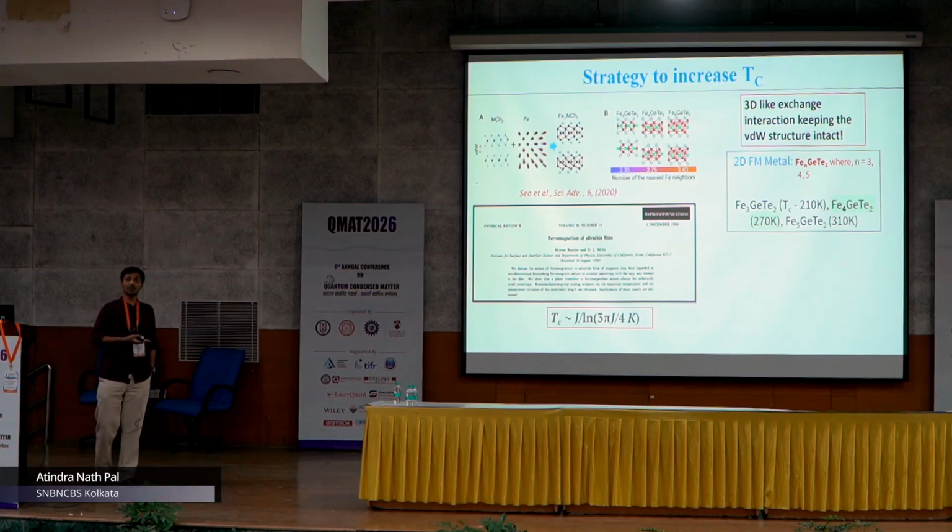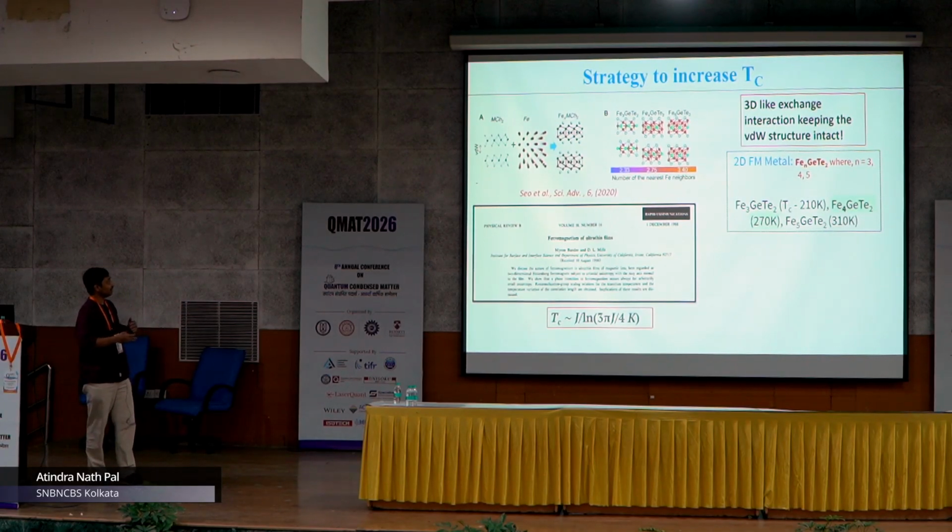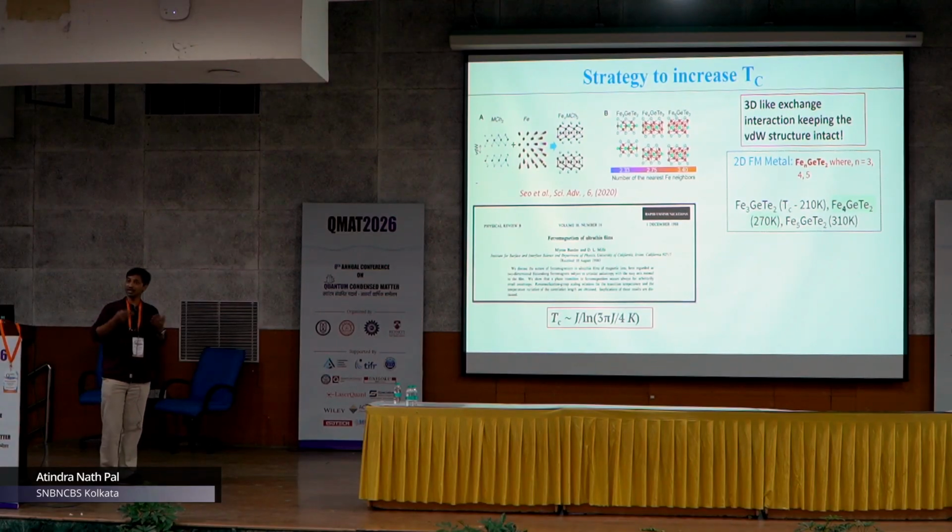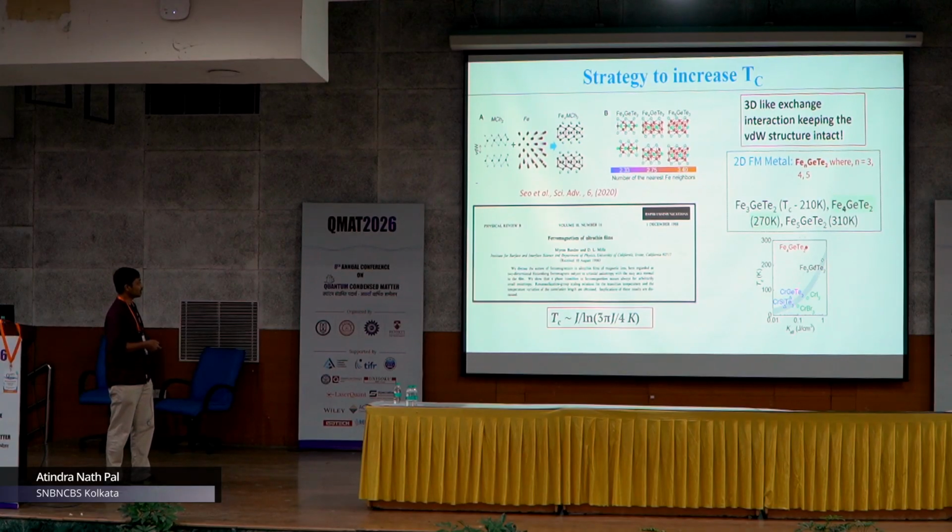People are now thinking that if you can make a large area of this sample, you can make devices which operate at room temperature. People could also find the anisotropy of this material, and you can see that as you increase iron, the TC increases. The simple logic is that you are increasing the exchange interaction.